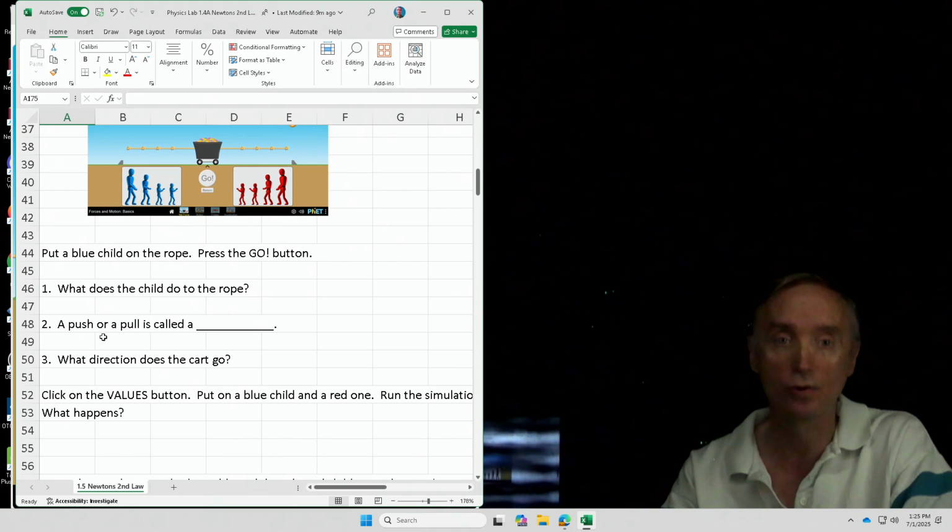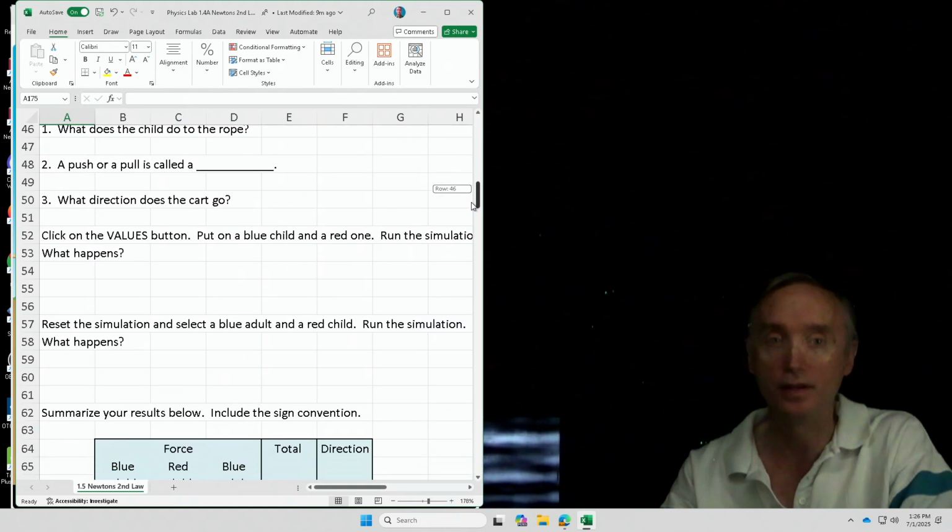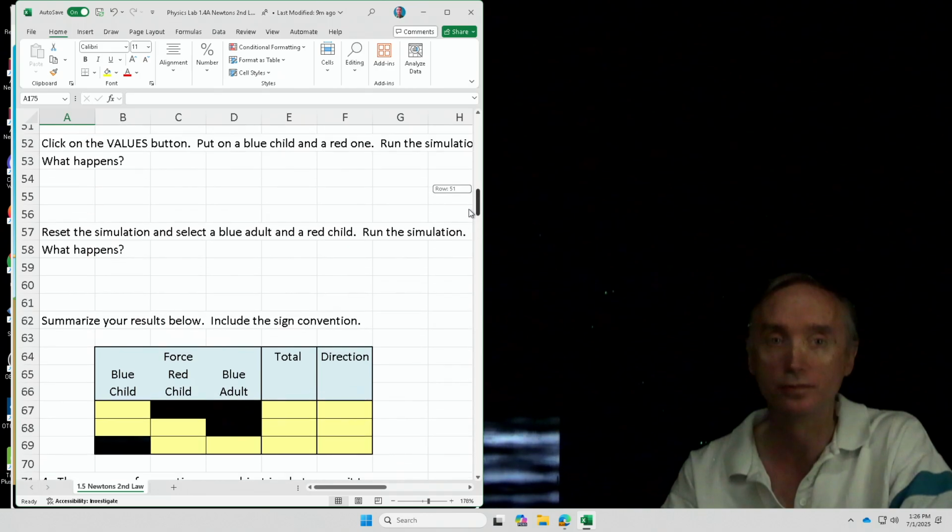A push or a pull is called a something that begins with the letter F. Okay, put that in there. And then what direction does the cart go? Now we're going to click on the values button.